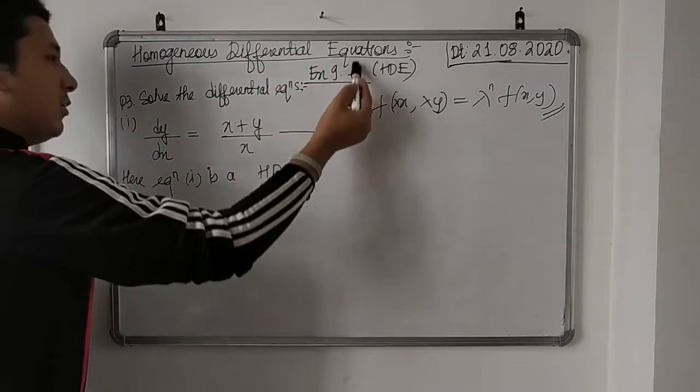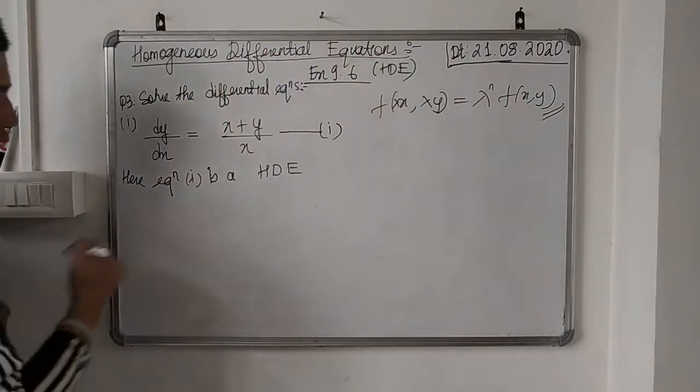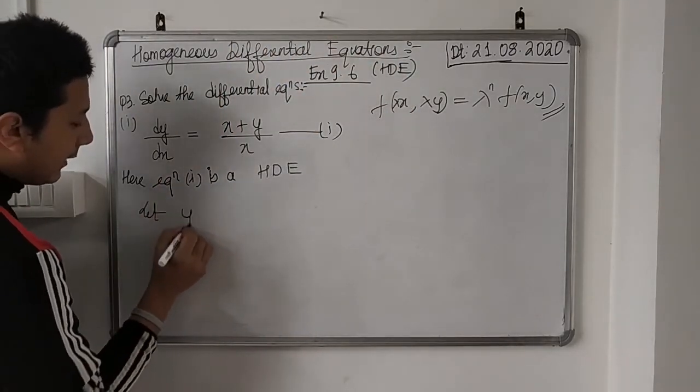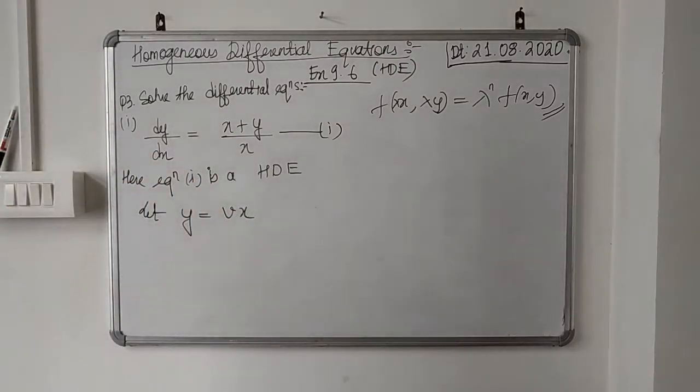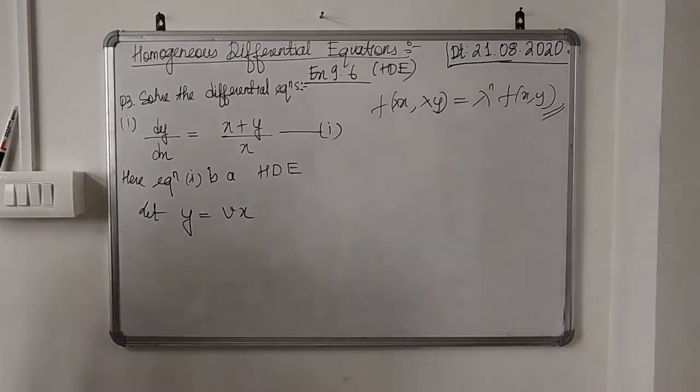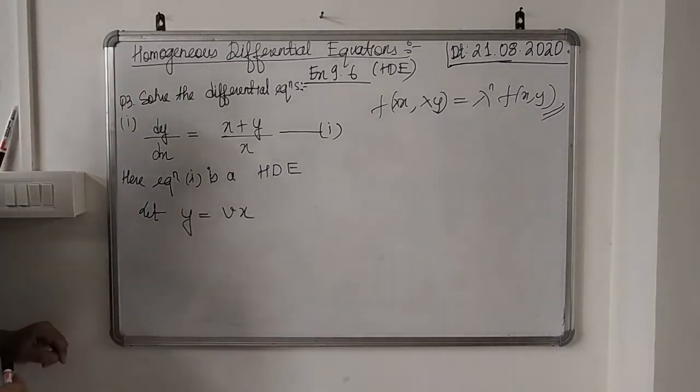For all homogeneous differential equations, the substitution will be: let y is equal to Vx. This is one of the important substitutions that we have to make. So y is equal to Vx will be our substitution, where v is not a constant, v is also a function of x.